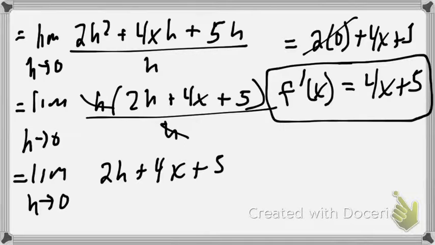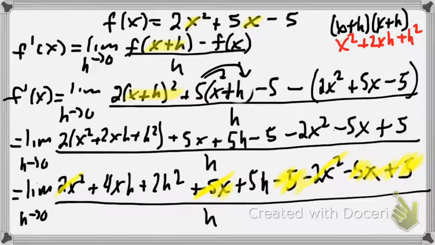Again, why is this important? If you find the derivative function, you can find the instantaneous velocity at any point of this function just by plugging in the point at which you want to find the instantaneous velocity.